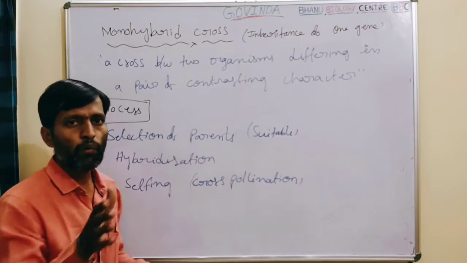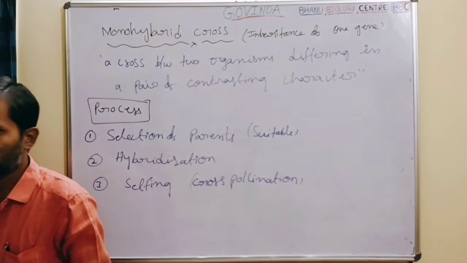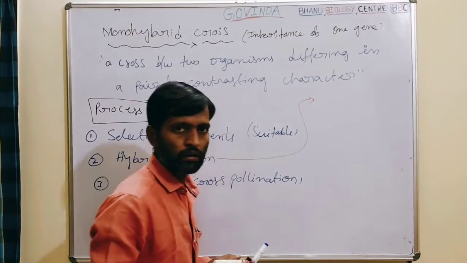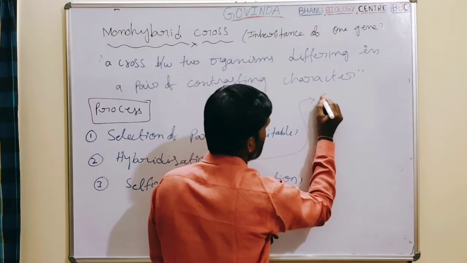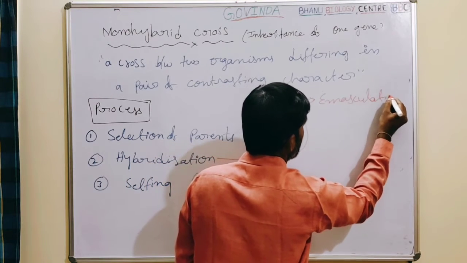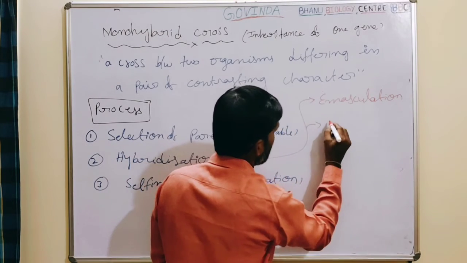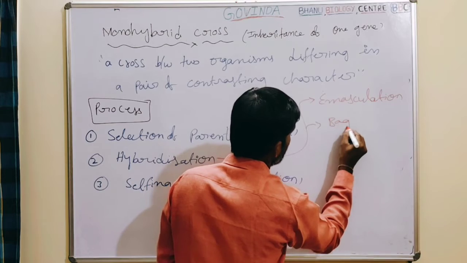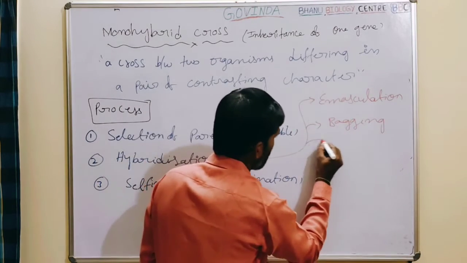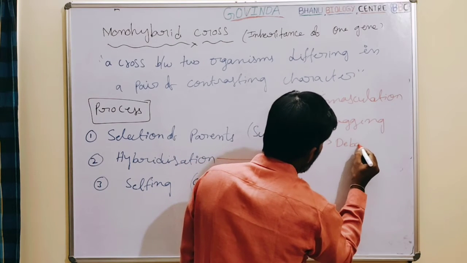The hybridization step involves some important techniques. The first one is emasculation. The second technique is bagging. The third technique is debagging.